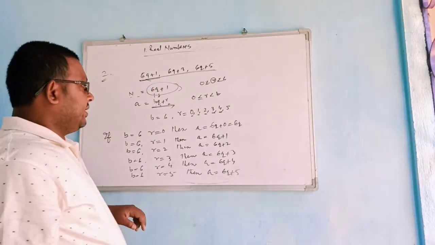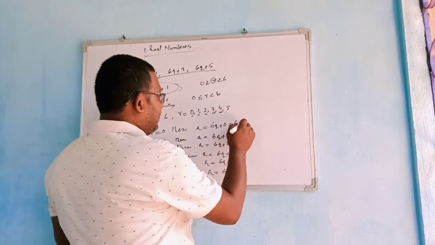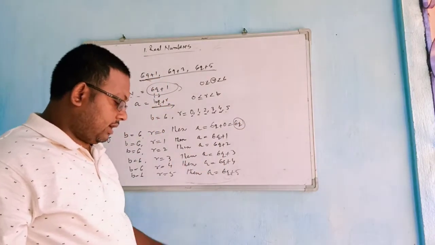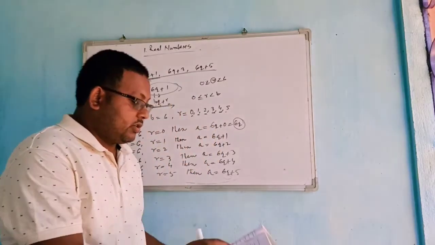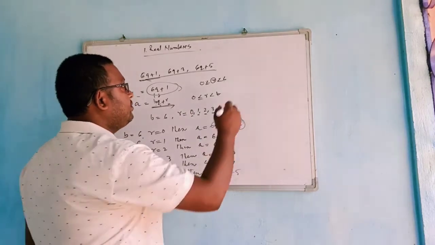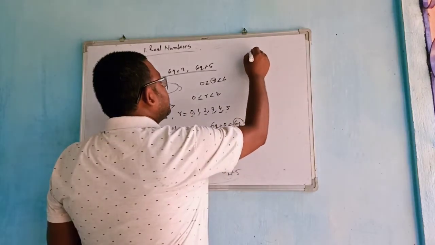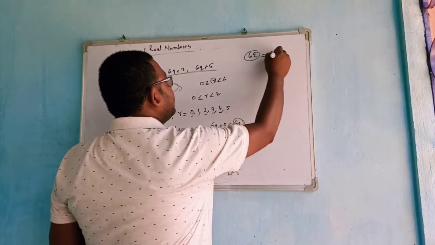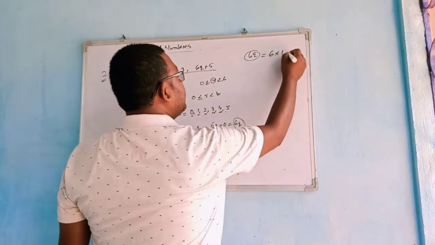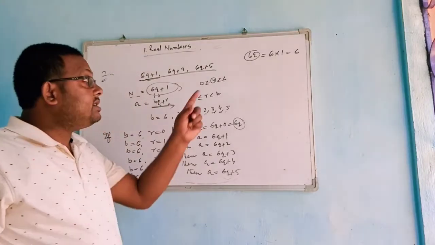Now see, q is any integer. In our question it is given that q is some integer. If you choose q equal to 1, then 6 into 1 is 6. Is 6 even or odd?